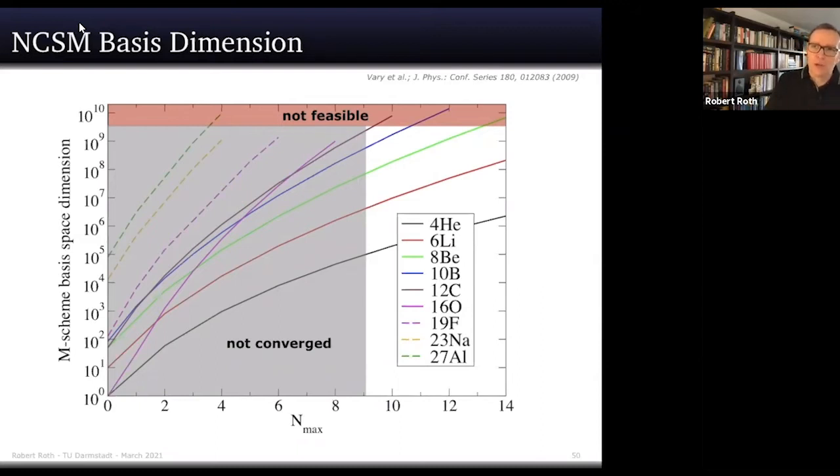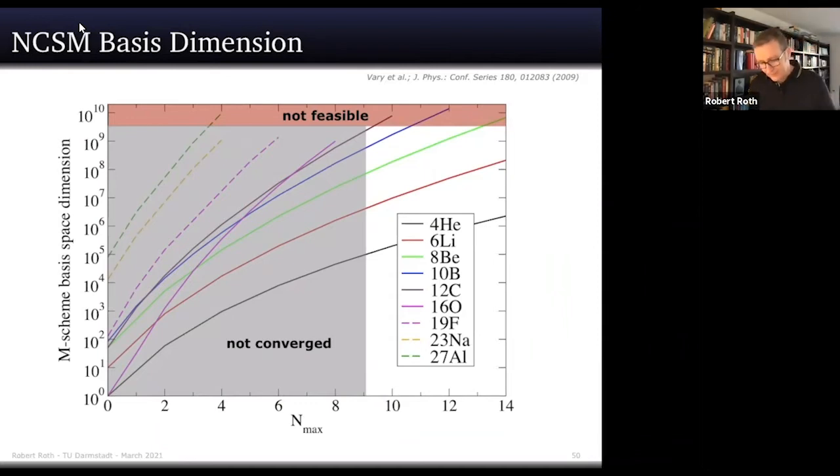From there on, we have to switch to Slater determinants and second quantization for the heavier systems. Also, this basis dimension here is for the Slater determinant version of things. That's encoded in this tag M-scheme here, which is slang. But what I say here is only true for the Slater determinant framework, and this is the only way to go beyond these very light nuclei at all.